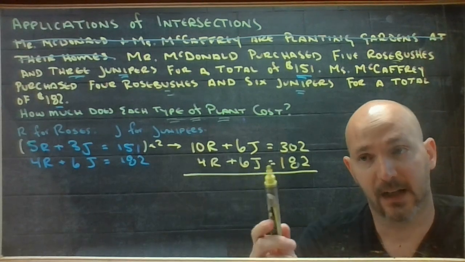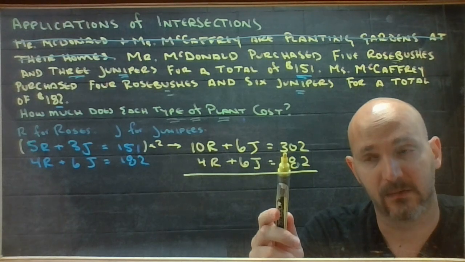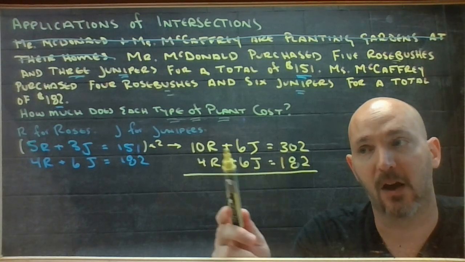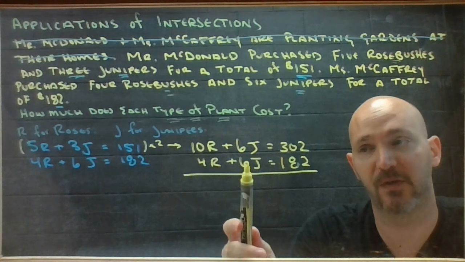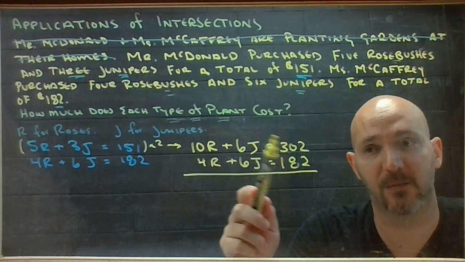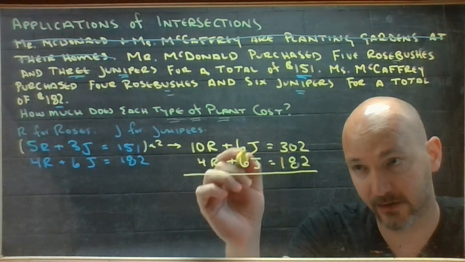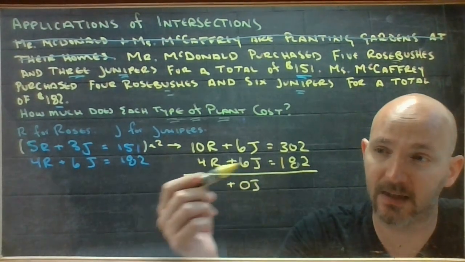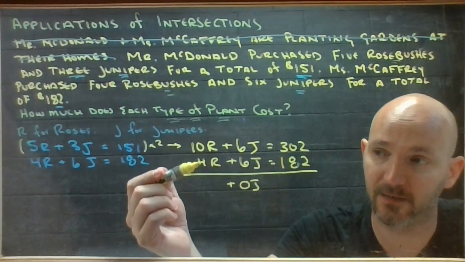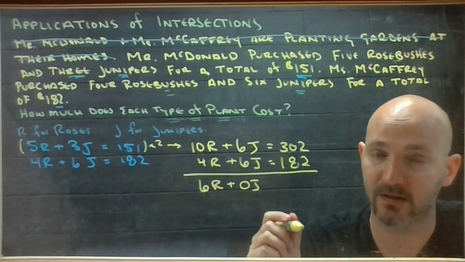So again, I can see that in this line, I paid more money than I did here, because I paid for more rose bushes. We had exactly the same number of junipers. It's the rose bushes that are making this number bigger. So if I take the junipers out of the pile, this minus this is gone. I can see that this extra money is because of the 6 extra rose bushes. 10 minus 4 is 6.